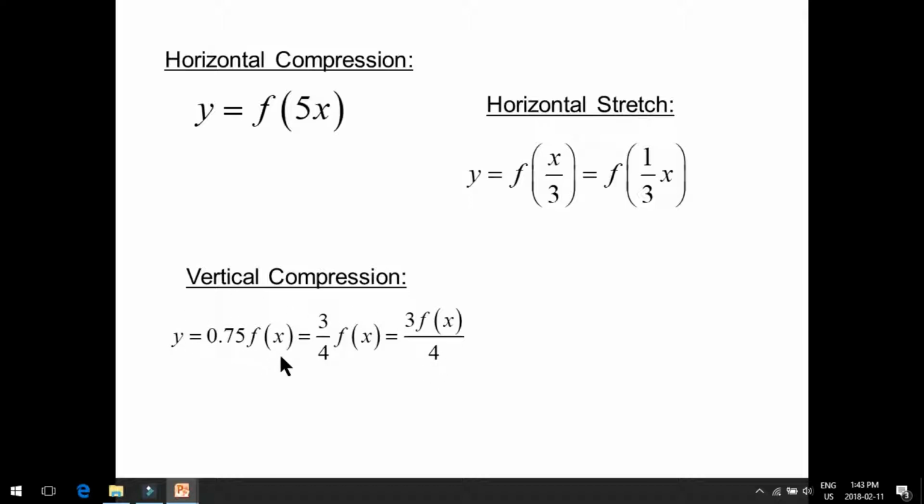I wrote them all the different ways that different people write them. These mean the same. And it's a vertical because it's outside the input station, and it's a compression because we're multiplying by a number less than 1, as opposed to a vertical stretch where we multiply the y values by a number bigger than 1. So these multiply y values. These divide x values.